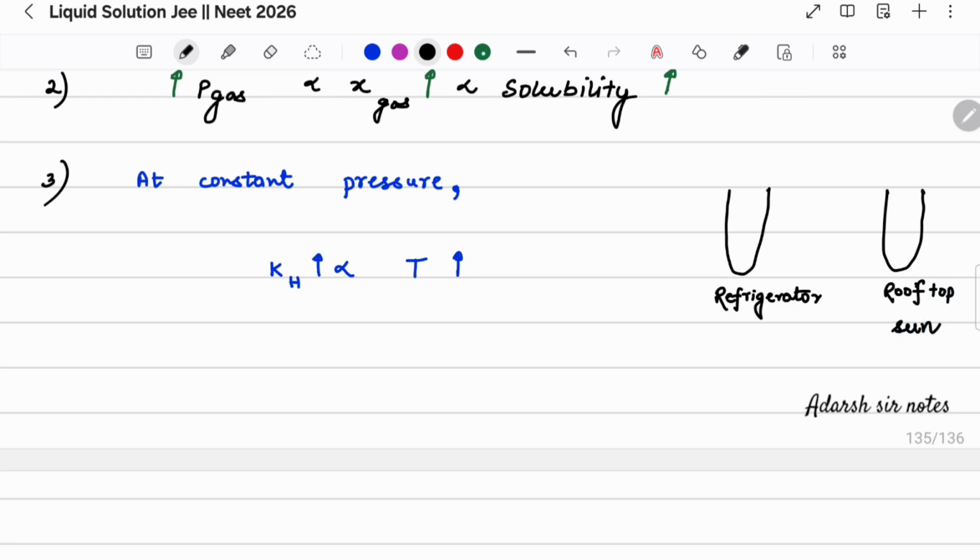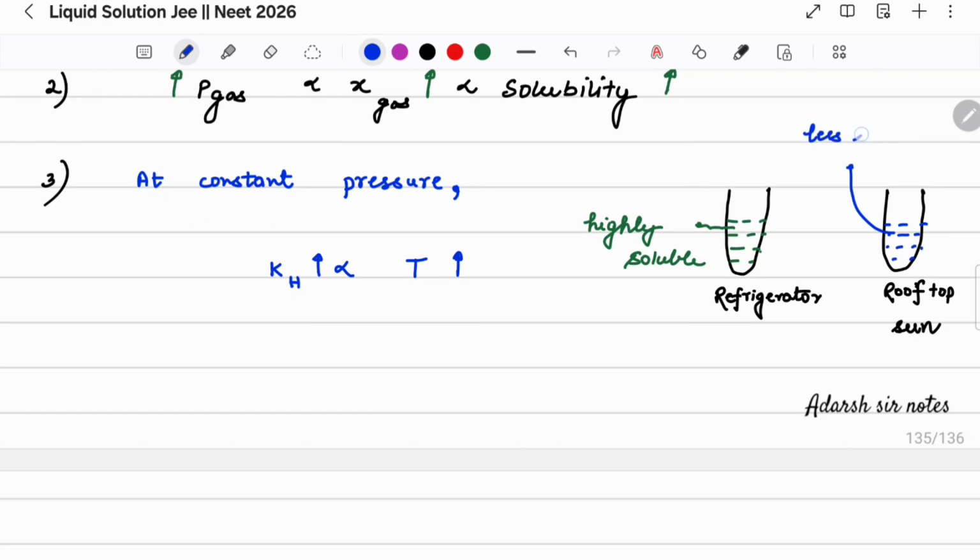So you tell me, if we talk about the refrigerator, whatever gas molecules will be there, will they be highly soluble or less soluble? You'll be saying, sir, highly soluble. And if we talk about the rooftop, that container which you have put, what can you comment about the gas present inside that Coca-Cola bottle? You'll be saying, sir, it will be less soluble.